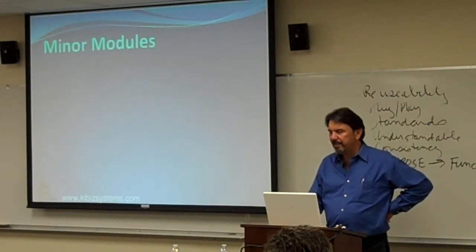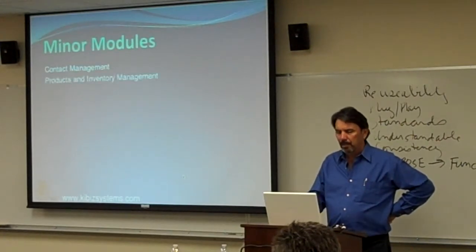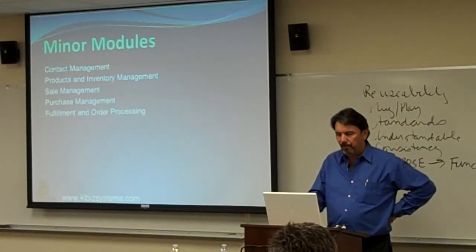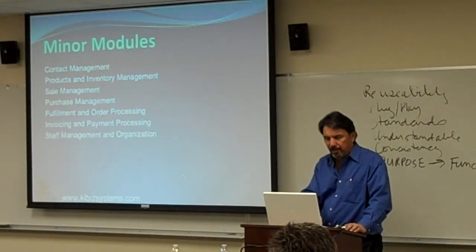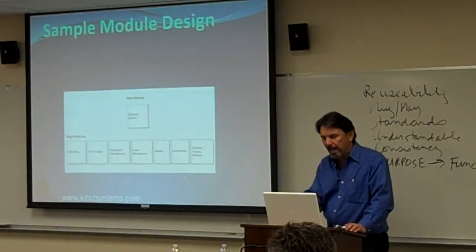So within a business system, there is contact management, products and inventory management, sales management, purchase management, fulfillment, order processing, invoicing, payment processing, staff management, accounts payable, disbursements, general ledger, and it looks like this.